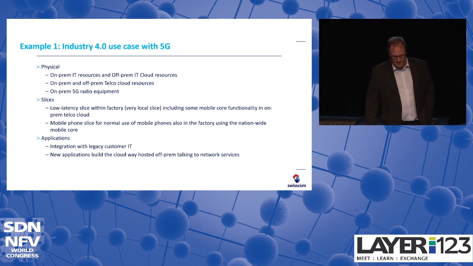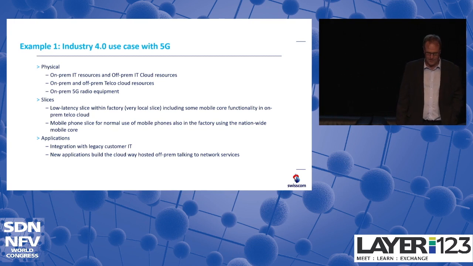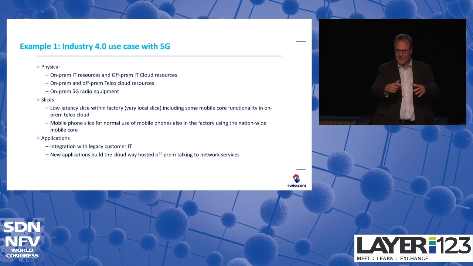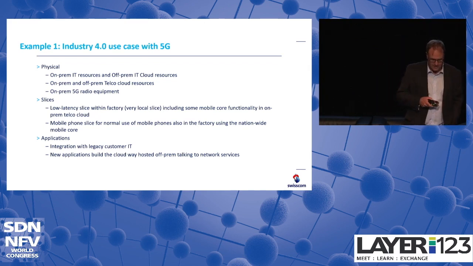Then there were slices built up. There was a low latency slice within the factory, so that's a very local slice, and it's really for the real-time data going back and forth. That includes some mobile core functionality on the on-prem cloud.